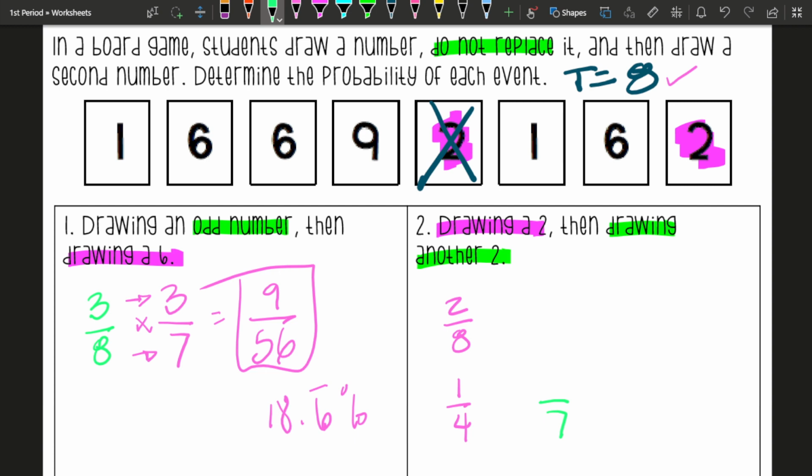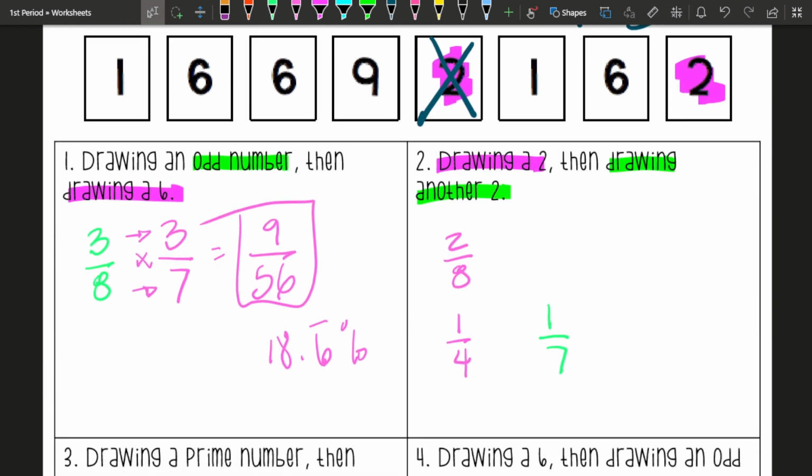No, we only have how many 2's left? 1. There you go. That's the one that you got to be paying most attention to. When the one that you want, you pull it out and they're asking to get another one out, the total changes and what you want also changes, right? So it's no longer 2 of them, it's only 1 of them because you kept 1.